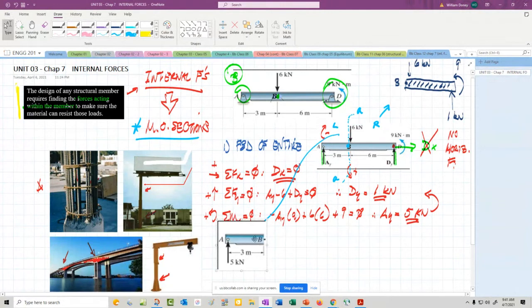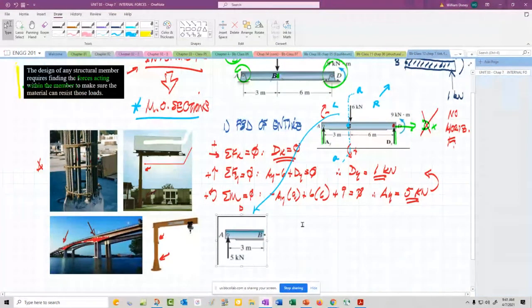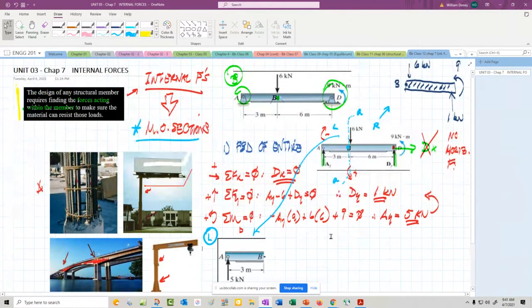Make that a lot bigger. All right, so here's the left section. And obviously it doesn't have the 6 kilonewtons because the 6 kilonewtons is on the right section. This is the left section.